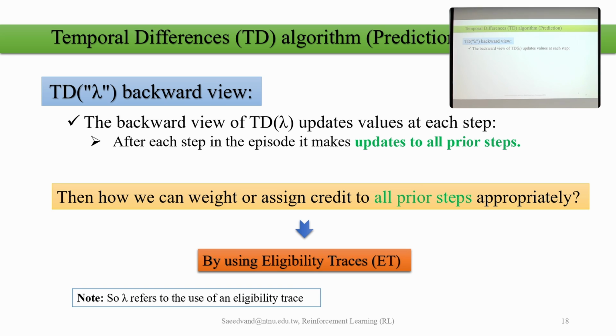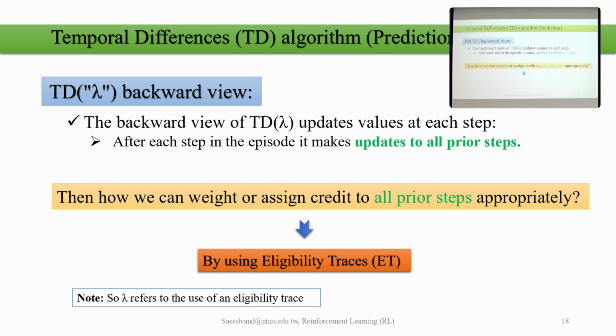So in the backward view, first of all, updates of the value at each one of the states are happening. After each step in the episode, it takes updates of all prior steps. So when we are evaluating values over time, all previous ones are going to be updated, but with different impacts, so we introduce a new variable in order to do that.